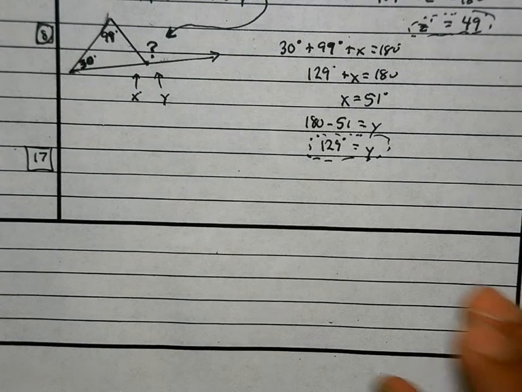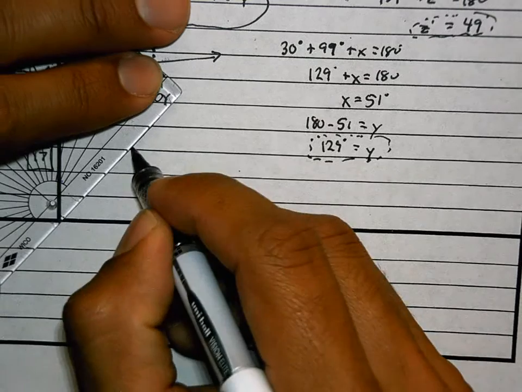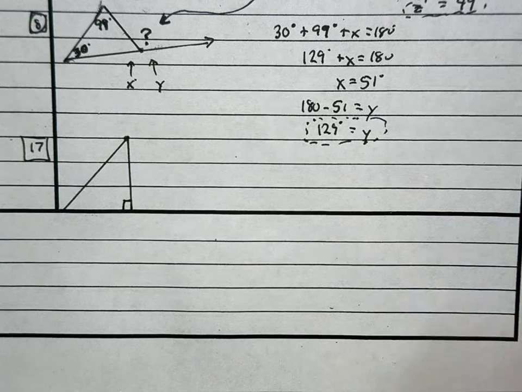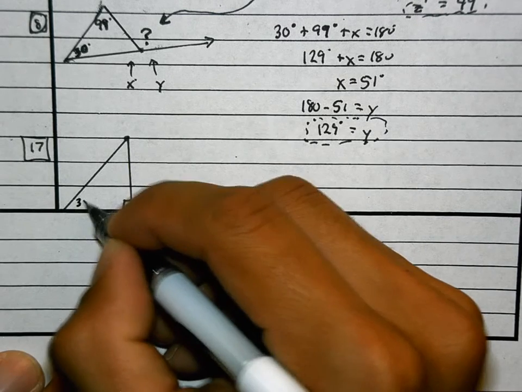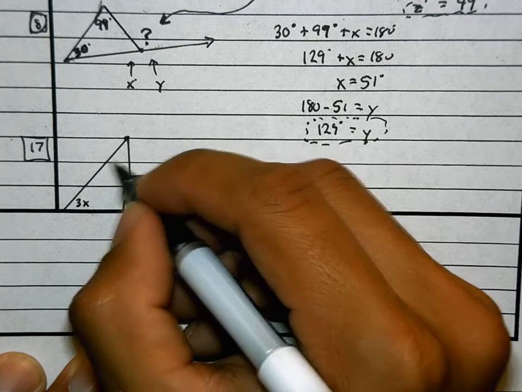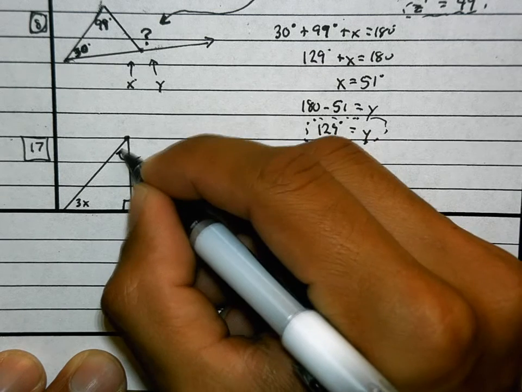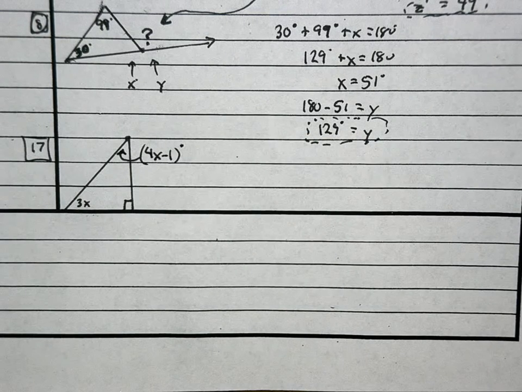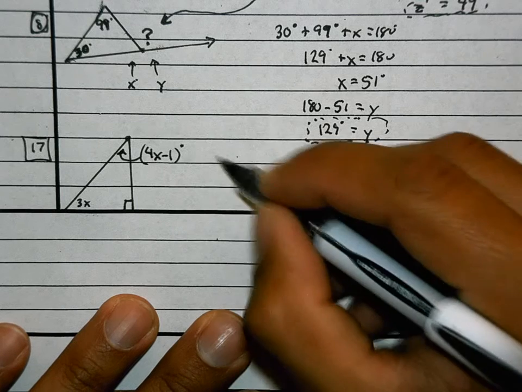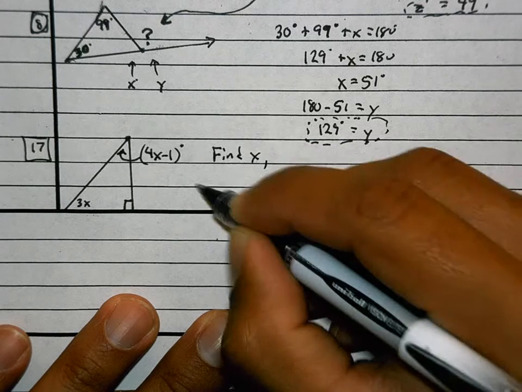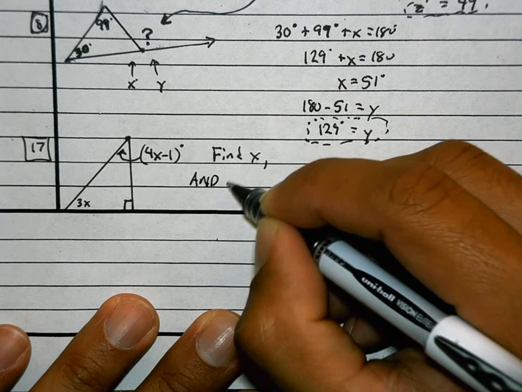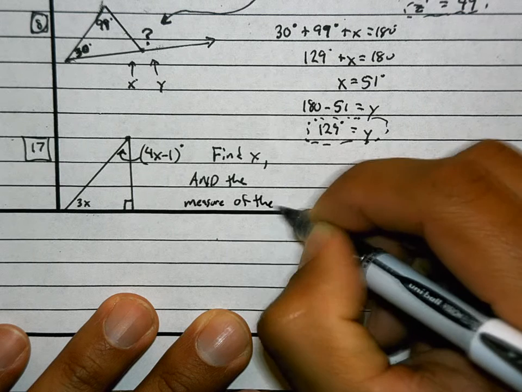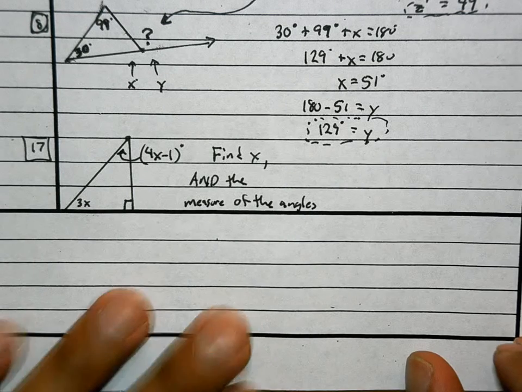Number 17 looks like this. 3x, 4x minus 1. The directions are going to say find x and the measure of the angles.